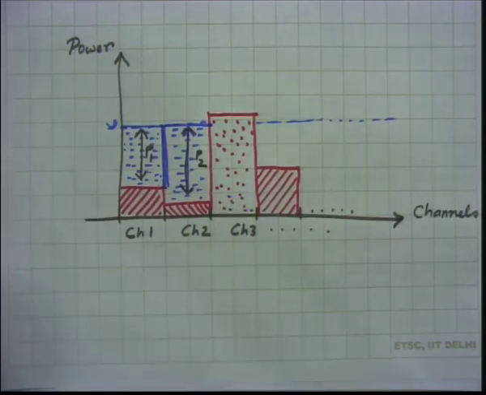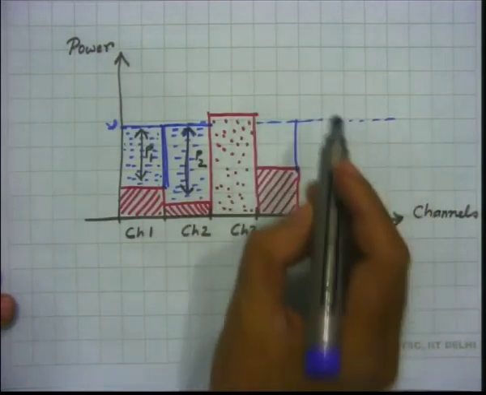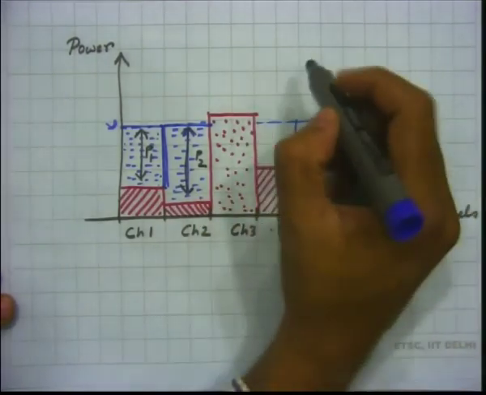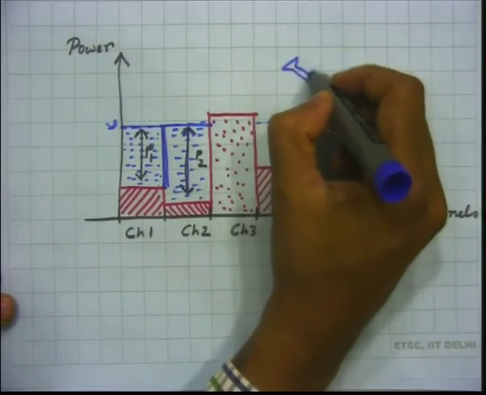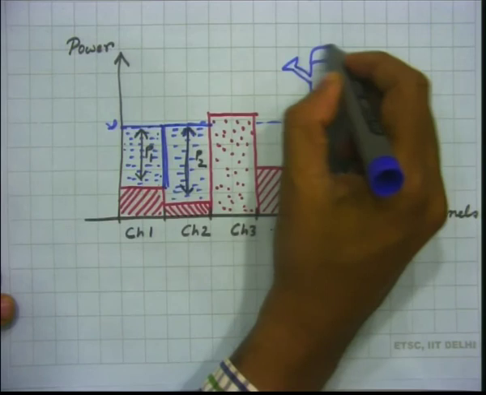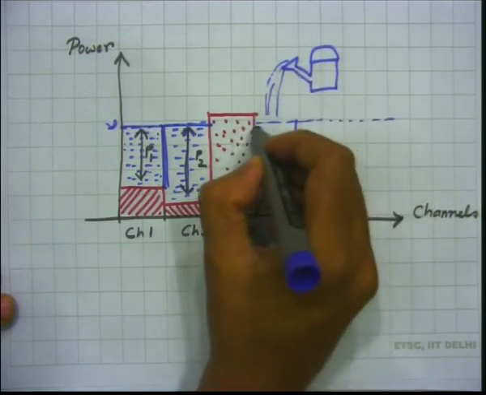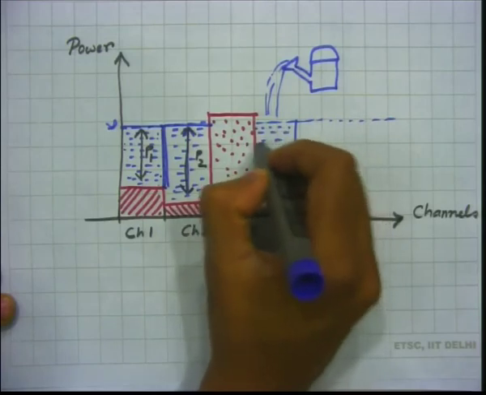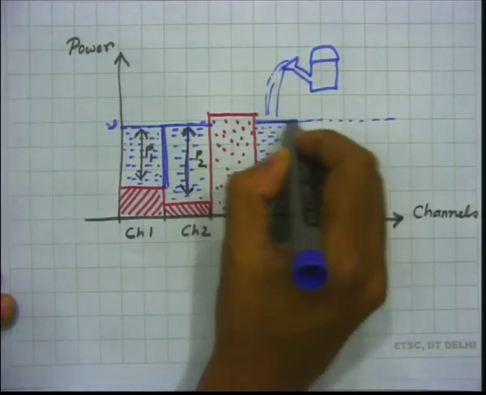I go back to channel 4, it is below this water level. So, I have my can, right, and I pour water and it must fill in and reach this level.